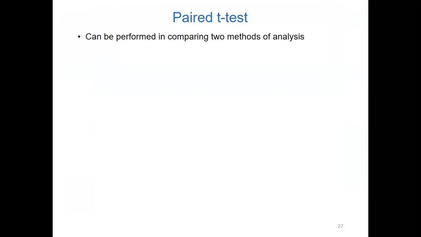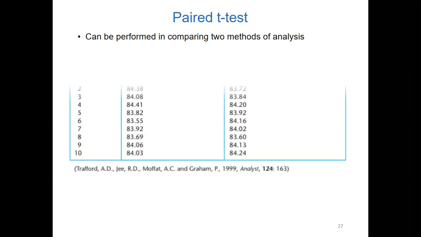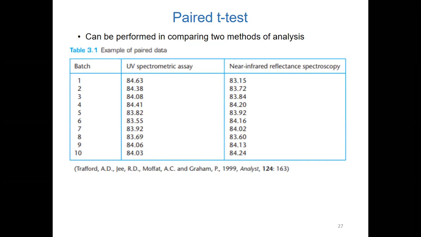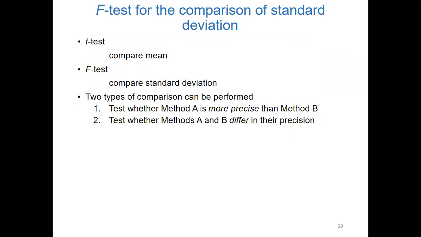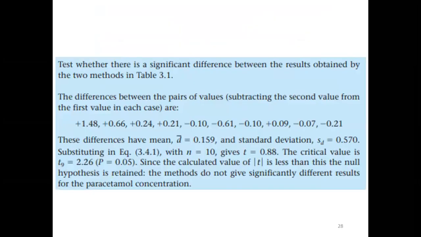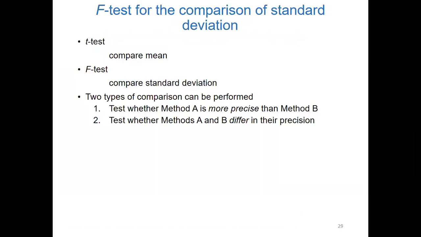The paired t-test is to compare two methods of analysis, two analytical methods. In order to compare these two analytical methods, we discussed how to do a paired t-test. Okay, that's where we stopped.